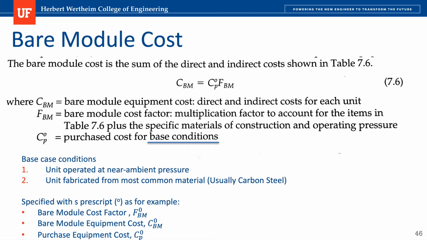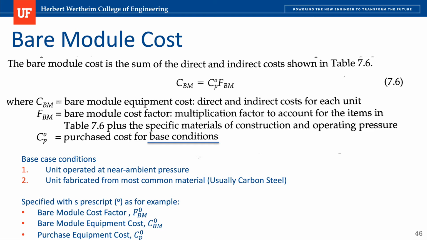And you're going to see that in the formula of F_BM very soon. If you have equipment that is also operated outside the base conditions in terms of pressure, there's going to be a cost penalty associated with that, because not only do you now need equipment with probably a different material of construction, but pressure also affects the thickness of that material because it has to hold the pressure inside.